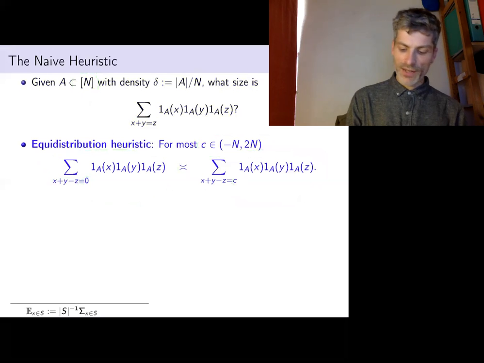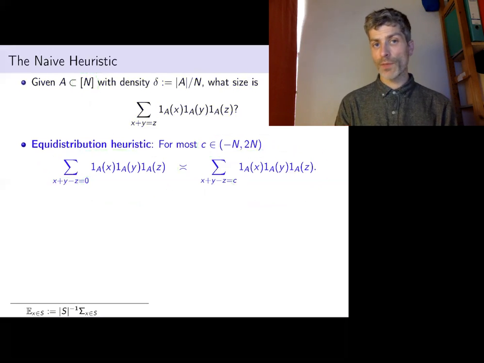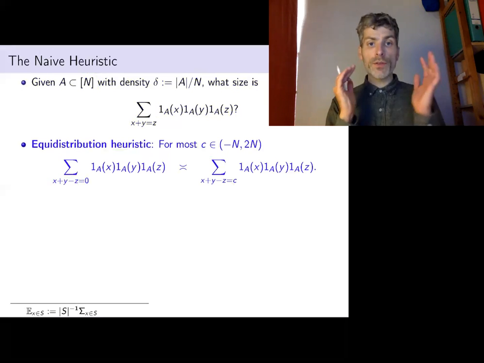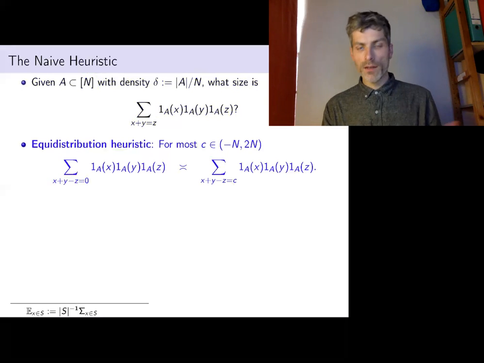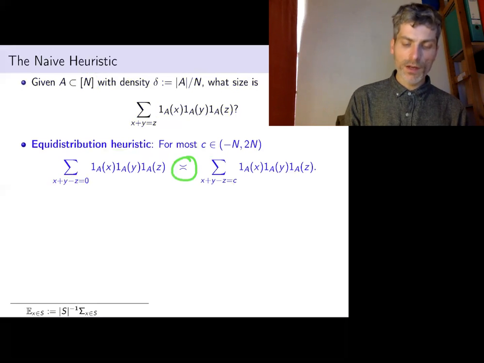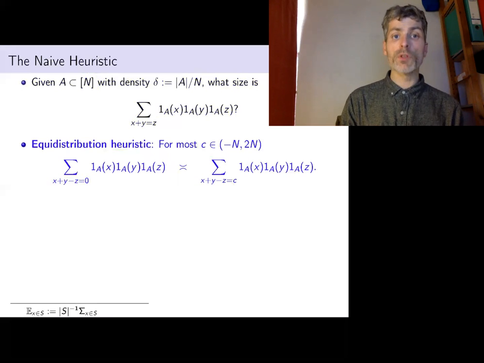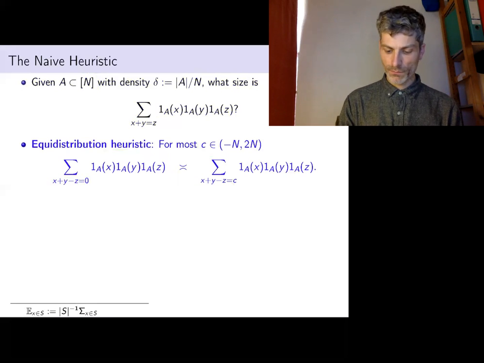Now, as you get to the extremes of the interval, you would expect fewer representations, but in the majority of the interval, maybe you expect a similar order of magnitude. So given that assumption, this symbol here means order of magnitude. It means within a multiplicative absolute constant, a lower bound and an upper bound.